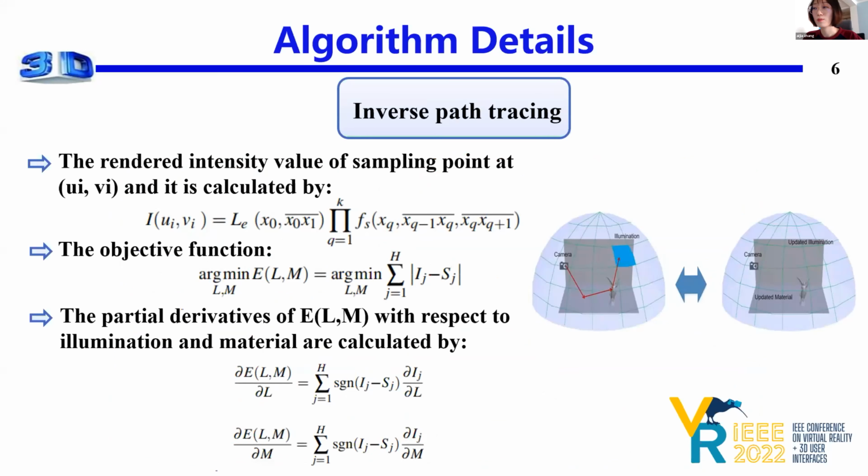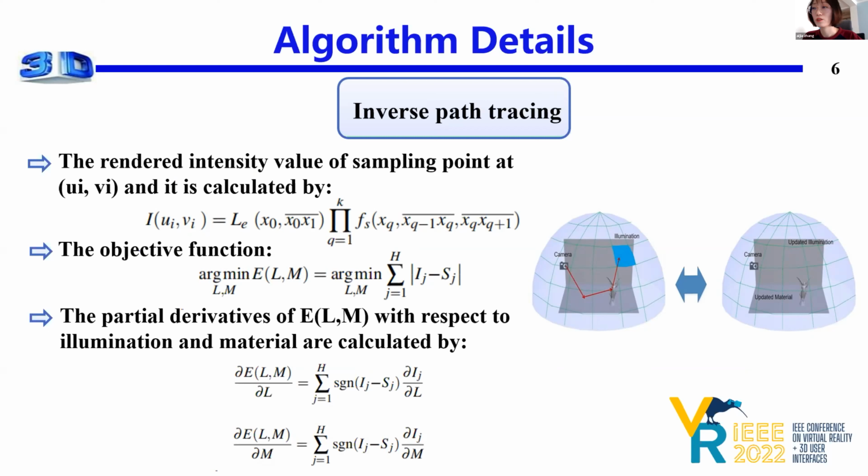Inverse rendering is the basis of our approach. Inverse path tracing is the process of optimizing the parameters by combining the light transport equation with the gradient descent algorithm. The rendered intensity value calculated by the light transport equation is shown below. The key to inverse path tracing is to construct the objective function.